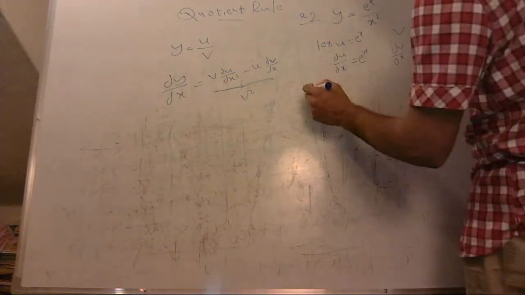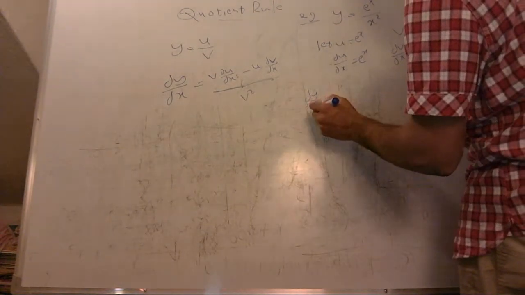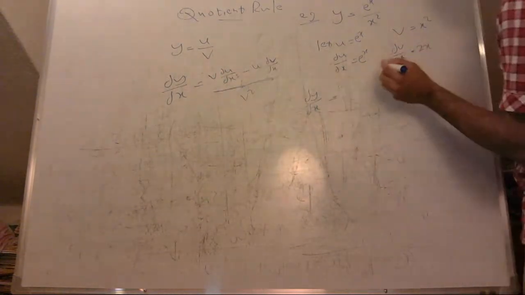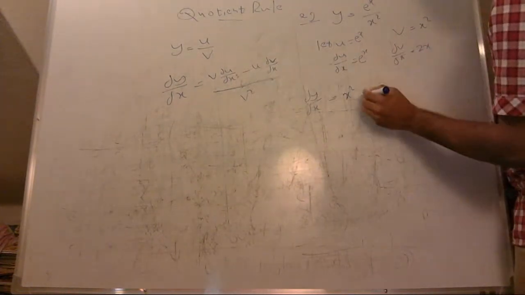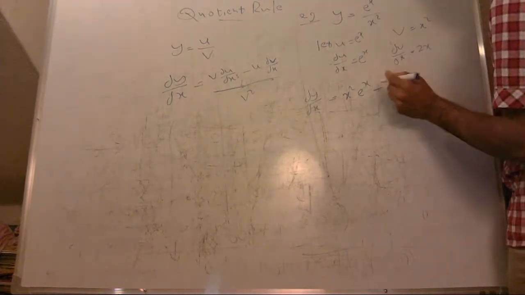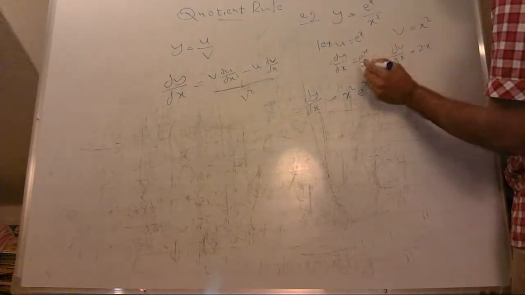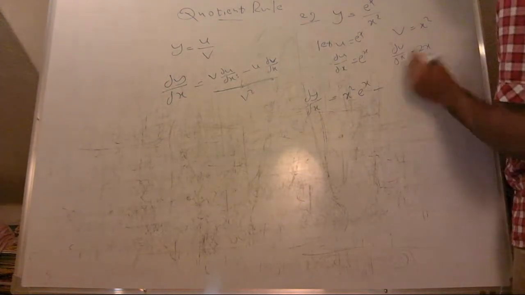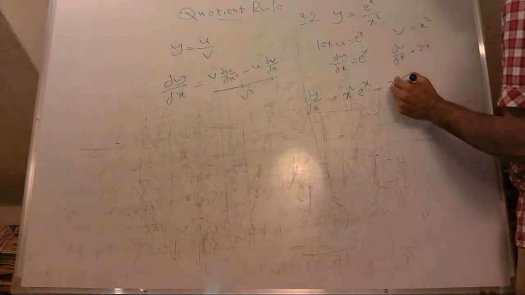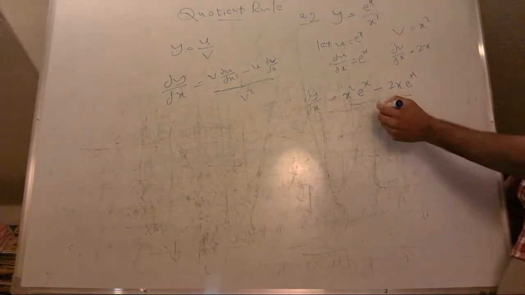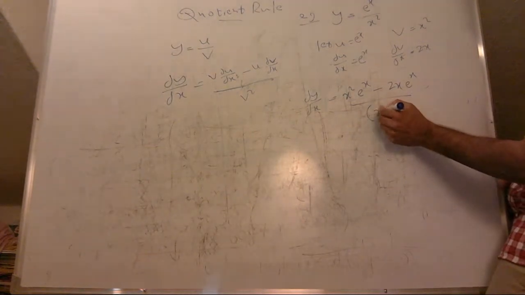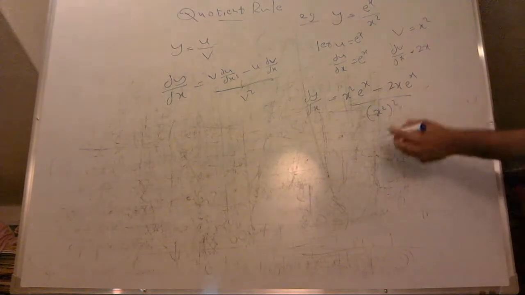Now dy dx equals, so I have my formula here. The first thing we put is v, which is x squared, and then du dx, which is e to the x, minus u, which is e to the x, times dv dx, which is 2x, so it'll be 2x e to the x, over x squared squared, which is going to be x to the 4.